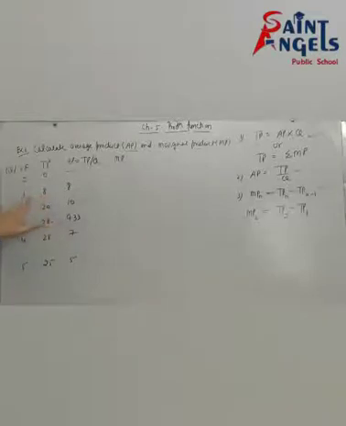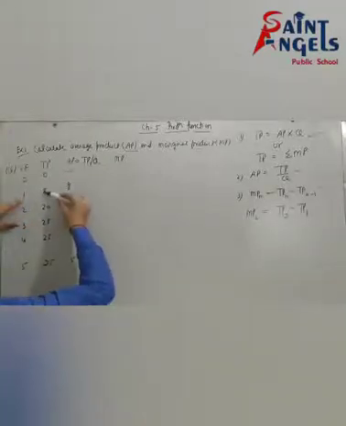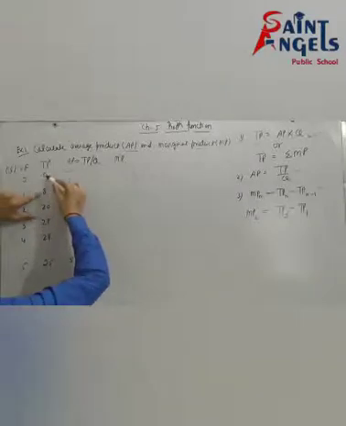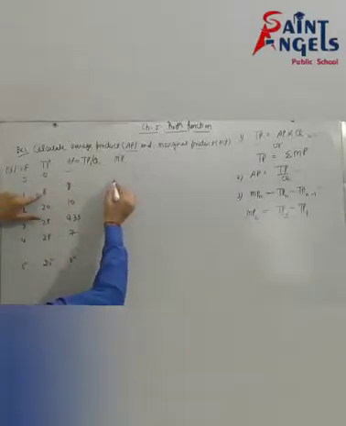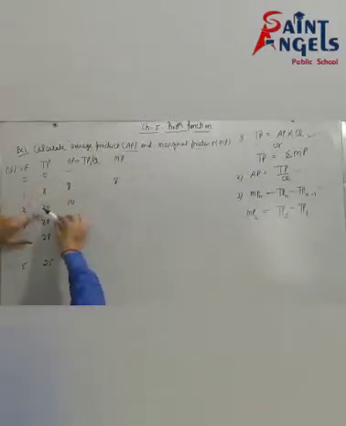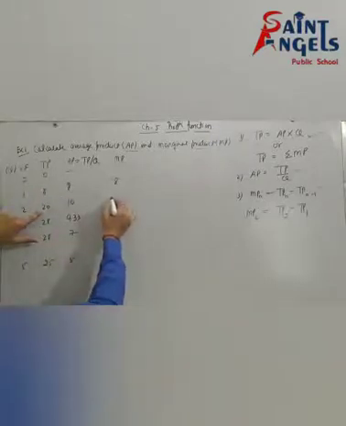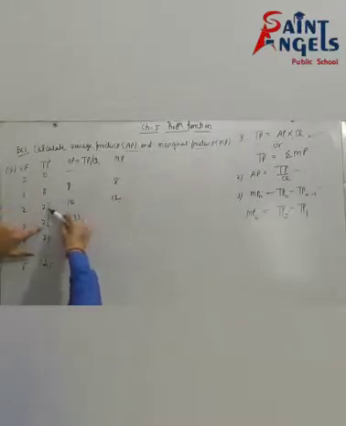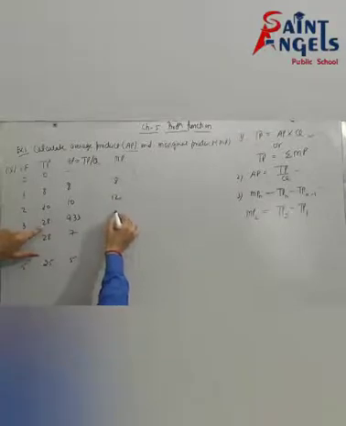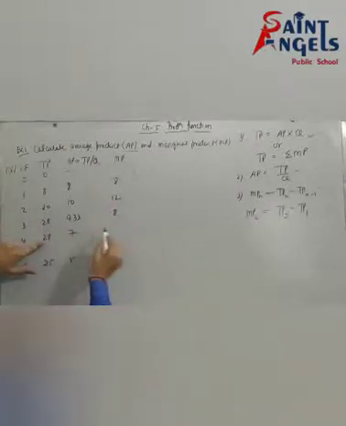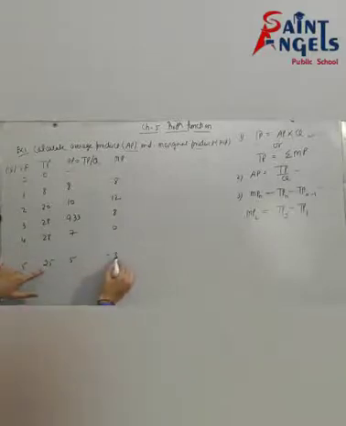Now to find the marginal product for each variable factor, subtract the previous TP from the current one: 8 minus 0 is 8, 20 minus 8 is 12, 28 minus 20 is 8, 28 minus 28 is 0, and 25 minus 28 is minus 3.